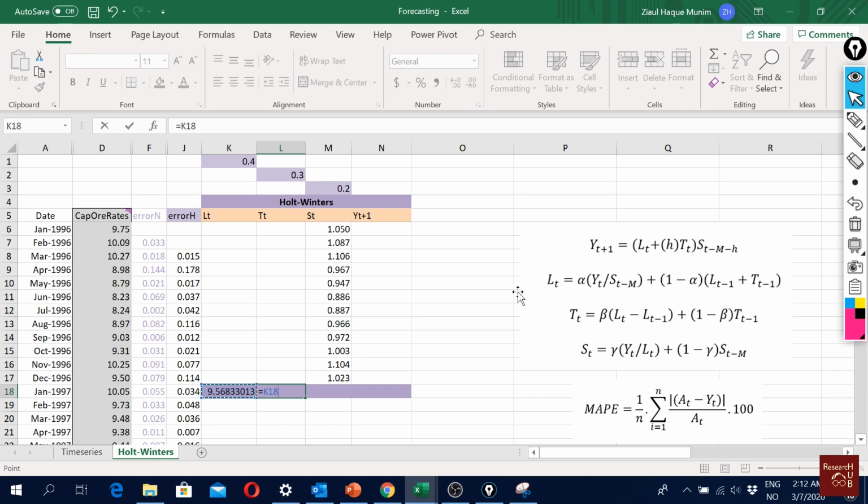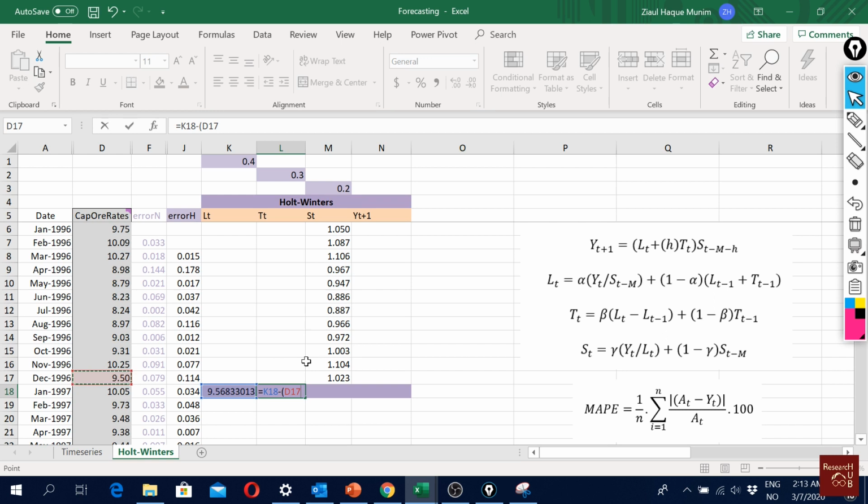But we can also kind of estimate that. So to get the LT minus 1, what we can do is divide our YT minus 1 with its corresponding seasonal value. Actually, the real seasonal value would be the value of December 1995, which we do not have.